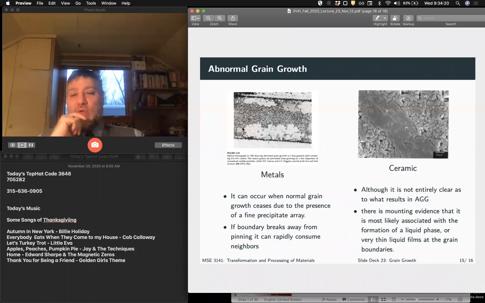And that can allow one grain to essentially break away. And then once it starts growing, it can eat up a neighboring area, right?